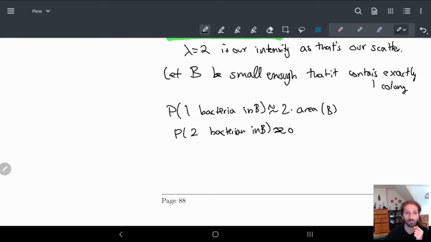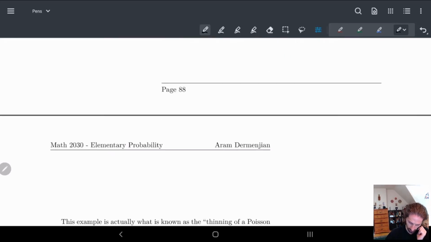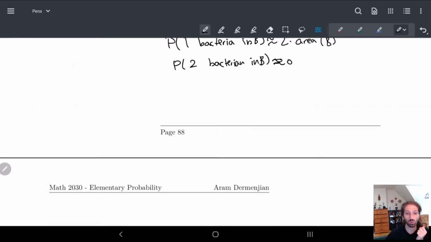So what we end up having is we're going to have to multiply these by P. What we end up having is the probability of one colony in B. Notice how here the word changed, right? I no longer have bacteria, I have colony, because there's a chance that they might die.